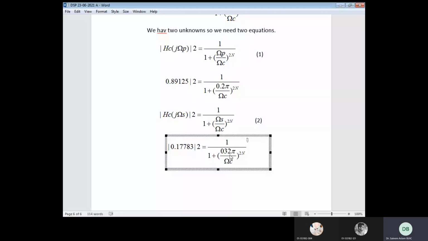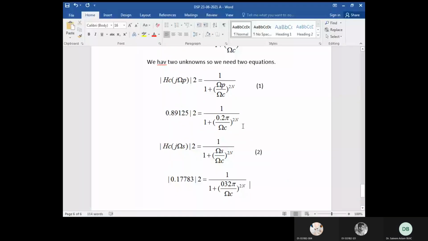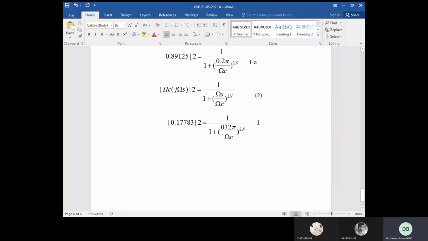Let me call this 1A. Let me call it 1B. Can you solve 1A and 1B yourself? How?